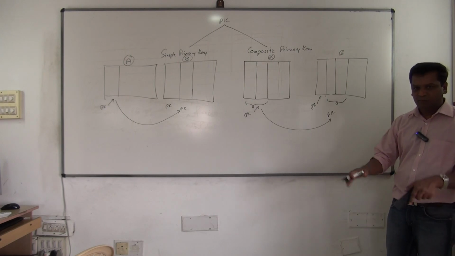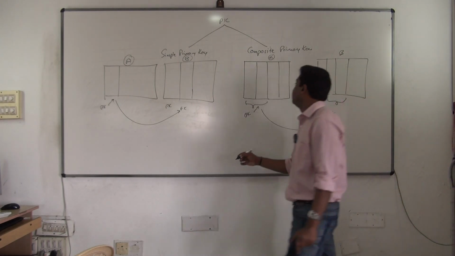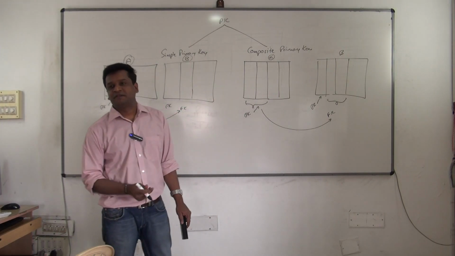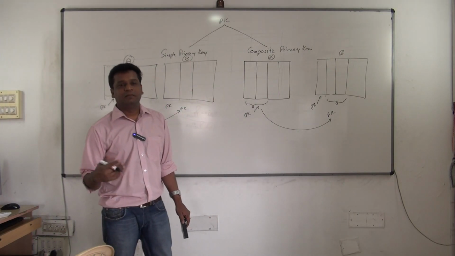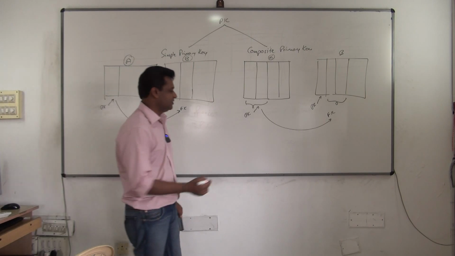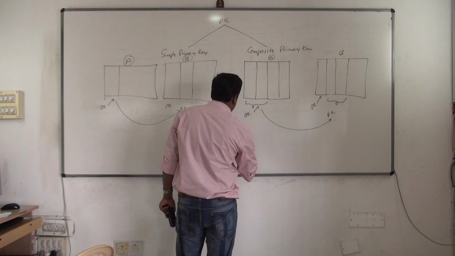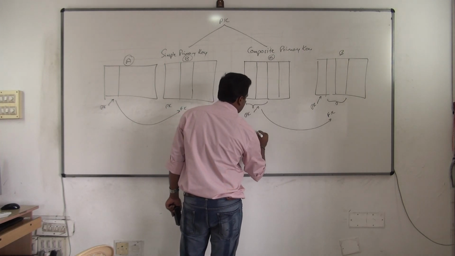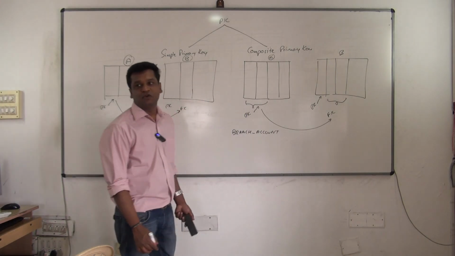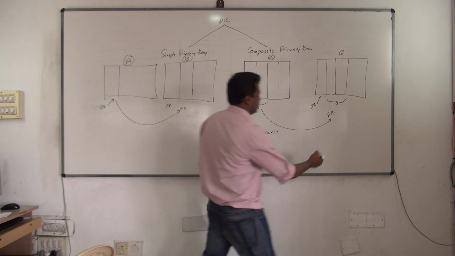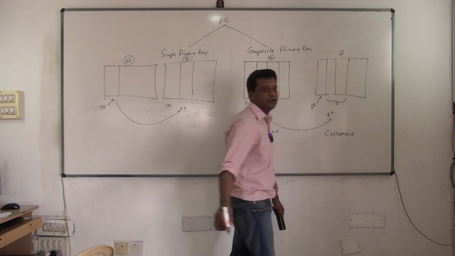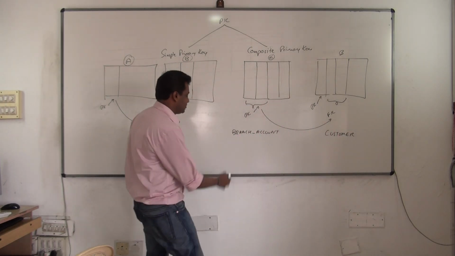If you want a little more clear example, simple, take it. So you know bank now? Banks have branches. So in one branch there will be many customers. Yes or no? One to many relationship. Let's see this now. There will be something like branch underscore account. One table is there, branch underscore account. Next, one more table is there called customer. Correct now? One branch has many customers.